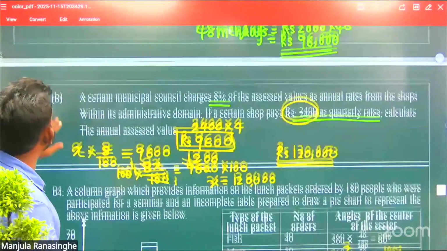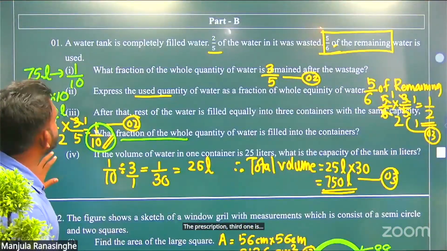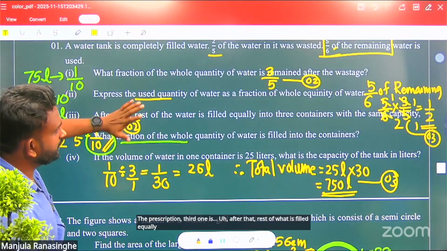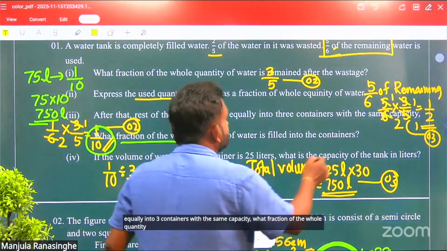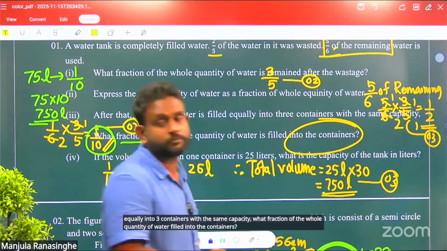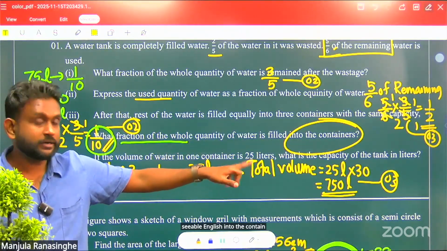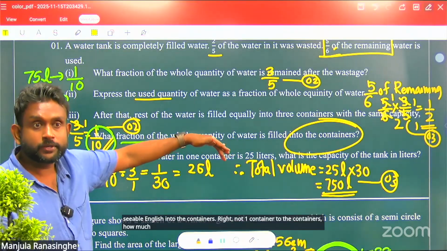After that, the rest of the water is filled equally into three containers with the same capacity. What fraction of the whole quantity of water is filled into the containers? See the English: into the containers, not one container, to the containers. How much is the filled volume?